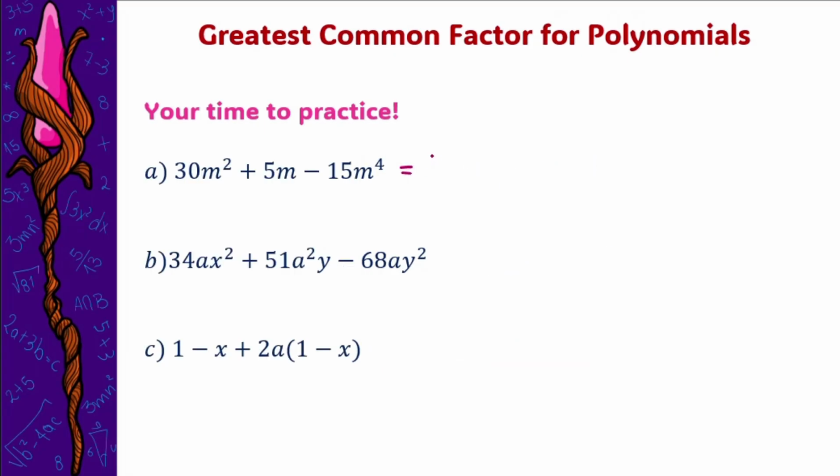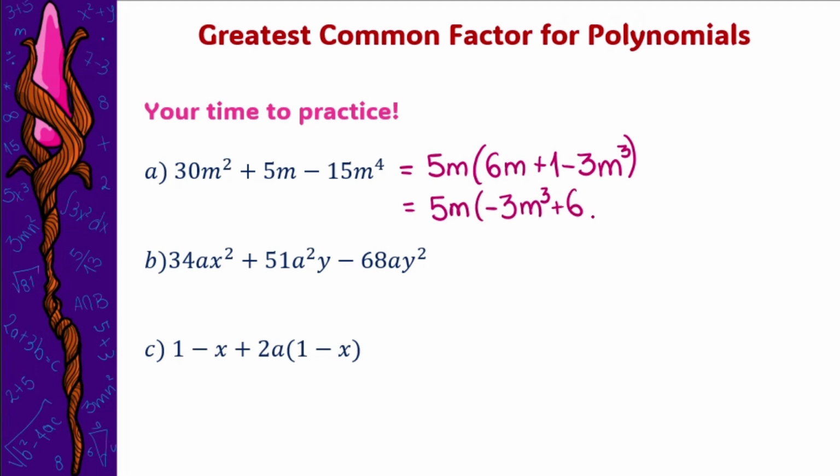So for this one, the answer is 5m is a factor of 6m plus 1 minus 3m to the cube. Of course, you can always organize it as 5m factor of minus 3m cubed plus 6m plus 1.